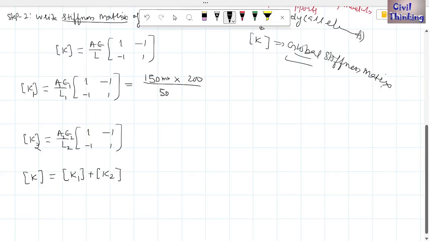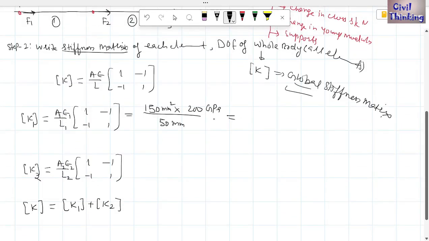Okay, it is in mm square, it is in gigapascal and it is in mm. Okay, so let me use a calculator to find the values. 150 times 200 divided by 50. Okay, so it is 600.